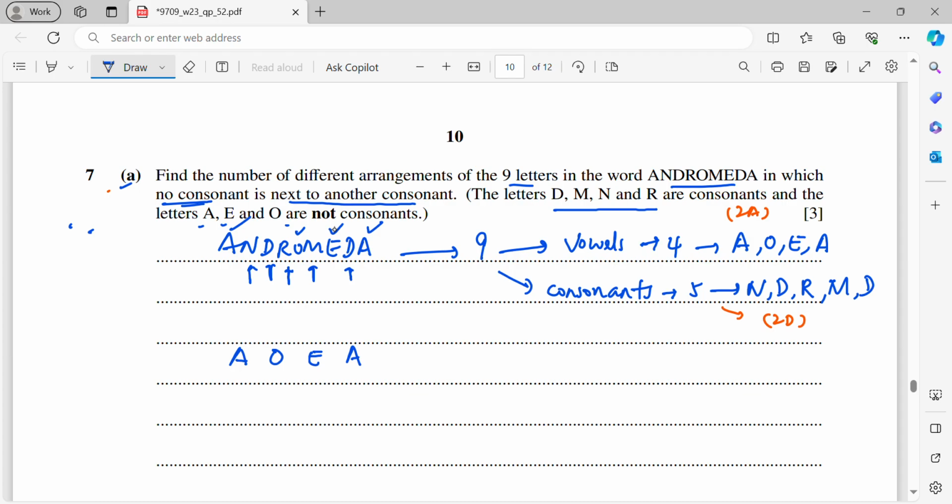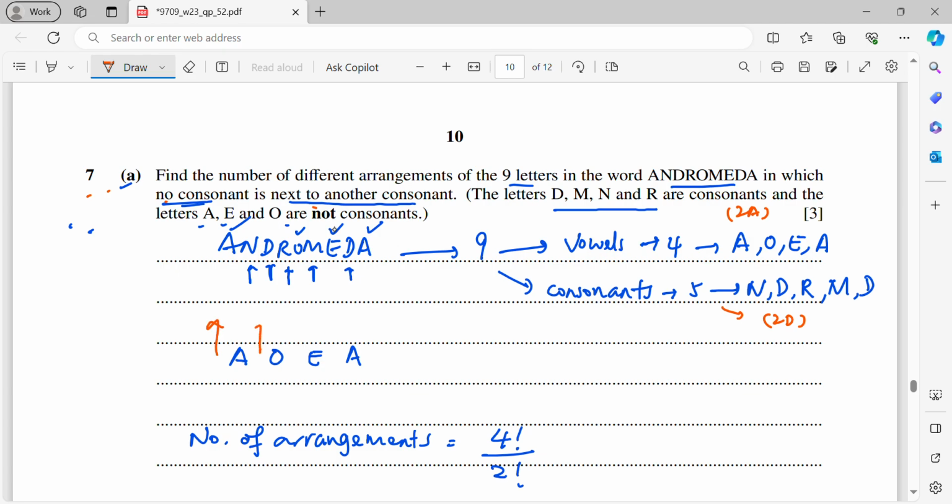Okay, so my number of arrangements will be 4 factorial, but the A is repeating, so over 2 factorial. After that, my consonants, since no consonant is next to another consonant, means that you cannot have 2 consonants next to each other.